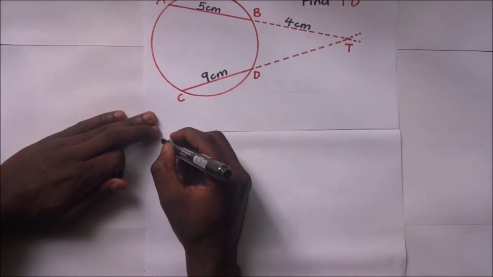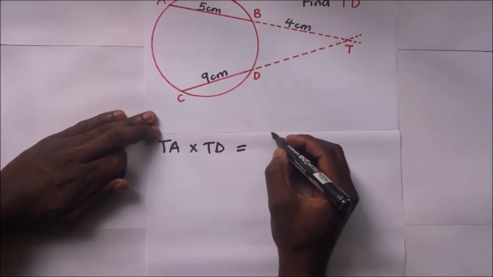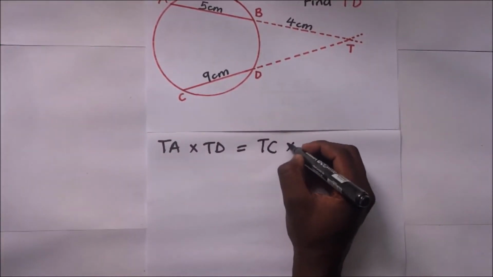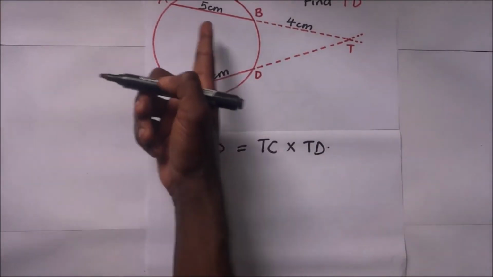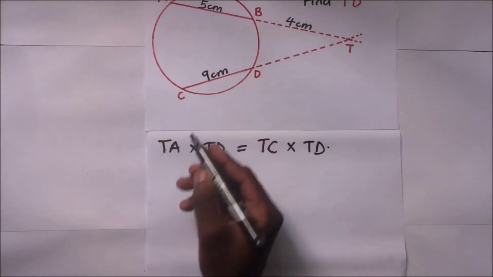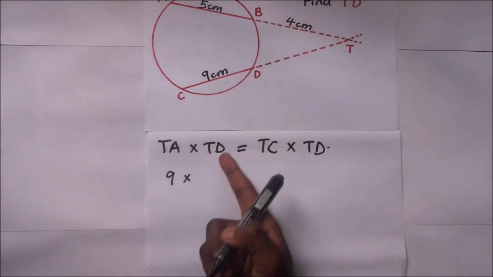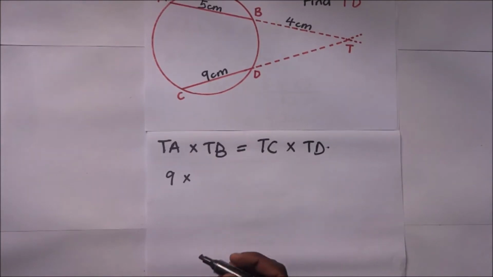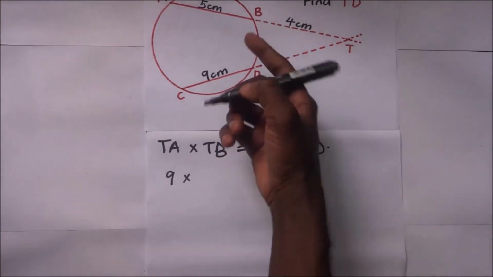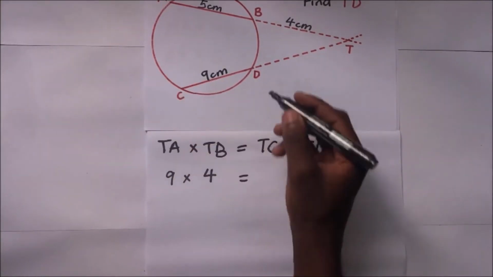So it becomes TA times TB is equal to TC times TD. Our value of TA, from T to A, is 5 plus 4, which is 9, times our value of TB, which is 4 centimeters, is going to be equal to TC, which is 9 plus X, times TD.